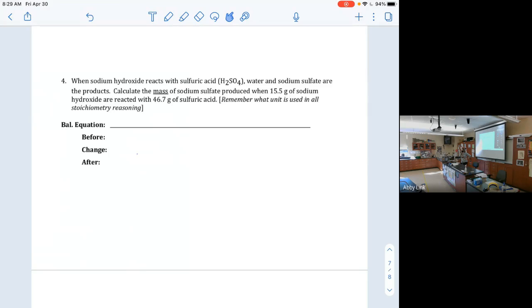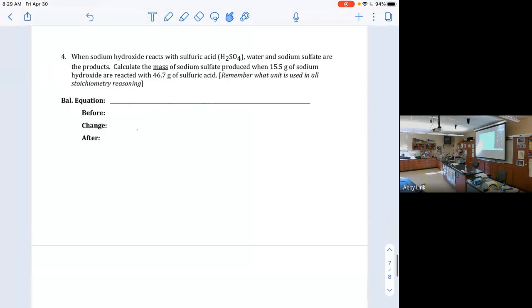Your assignment today is, I think, 8 problems, but only 2 or 3 of them are limiting reactant, and it's not due until Tuesday because Monday is an asynchronous day. My assignment for you on Monday is to complete your work from today and submit it by Tuesday morning, okay? So keep that in mind. All right, here we go.